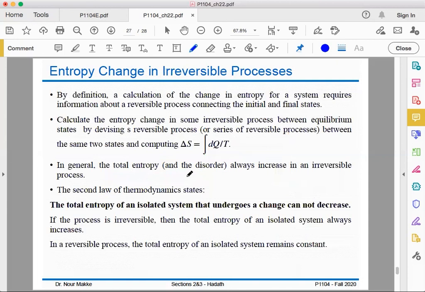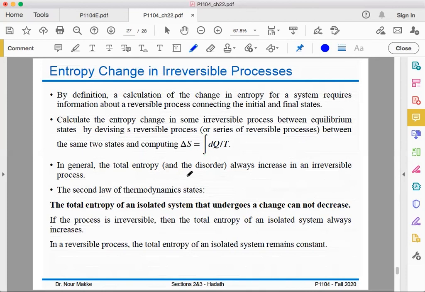And finally, what about the entropy change in irreversible processes? So نحن مثل ما شفنا by the definition, the calculation of the change in entropy for a given system, it requires information about a reversible process which connects the initial to the final state.